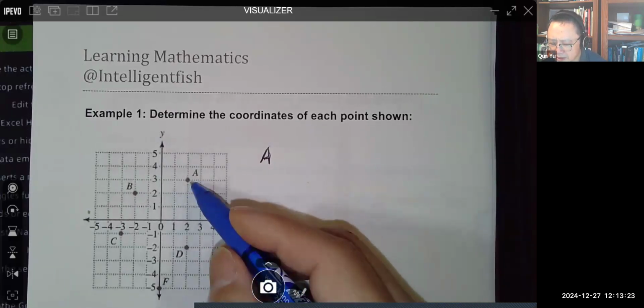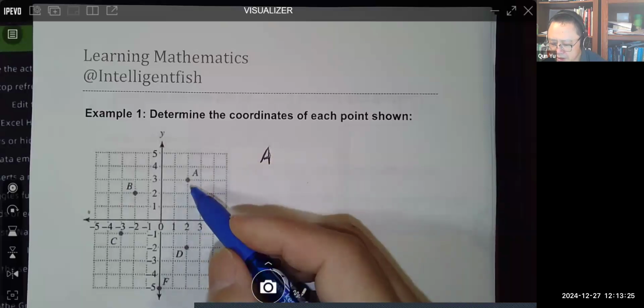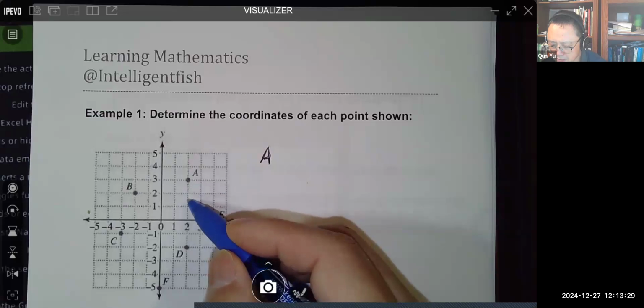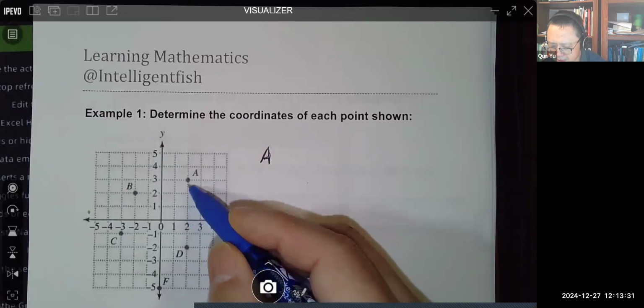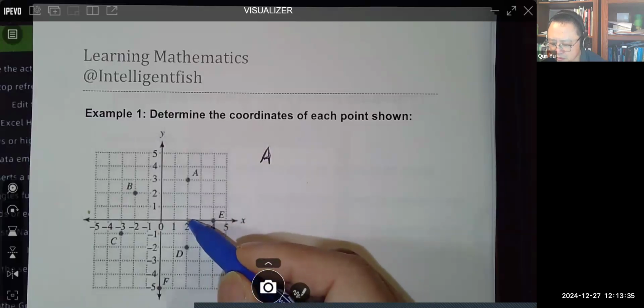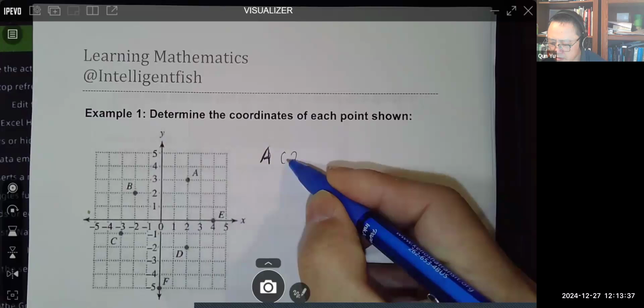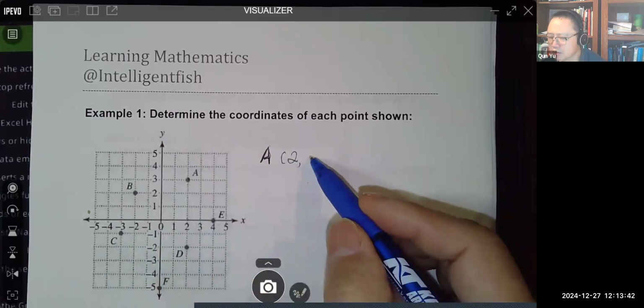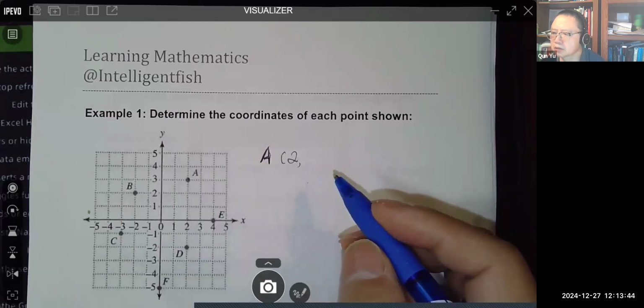To find the x coordinate, the horizontal coordinate, you just draw a line in imagination so that it intercepts the x-axis, then you read it. We always write the horizontal coordinate first. That's why these two numbers are called ordered pairs.